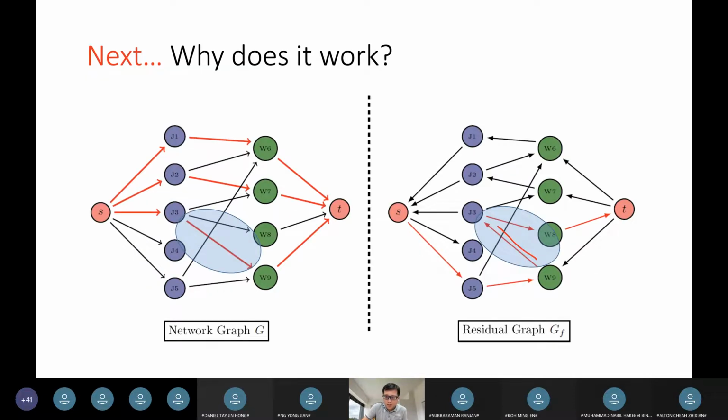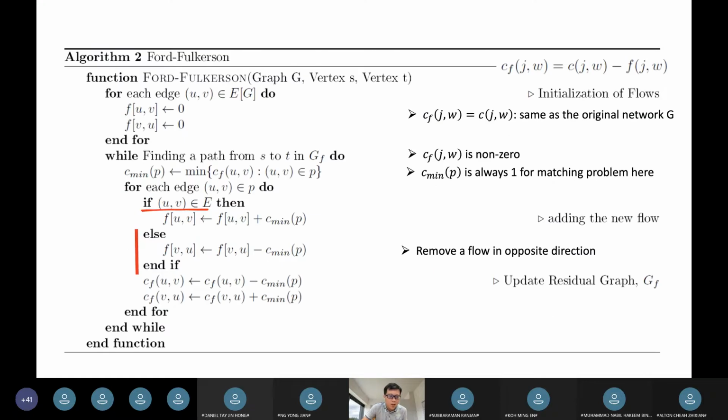This one, W9 to J3, is not in the original graph. In the original graph, we have J3 to W9, right? But now in the residual graph, in the path, we have W9 to J3. So it means it's not in the original one, right? If not in the original one, then we do the else. This is the else. So what does the else mean?